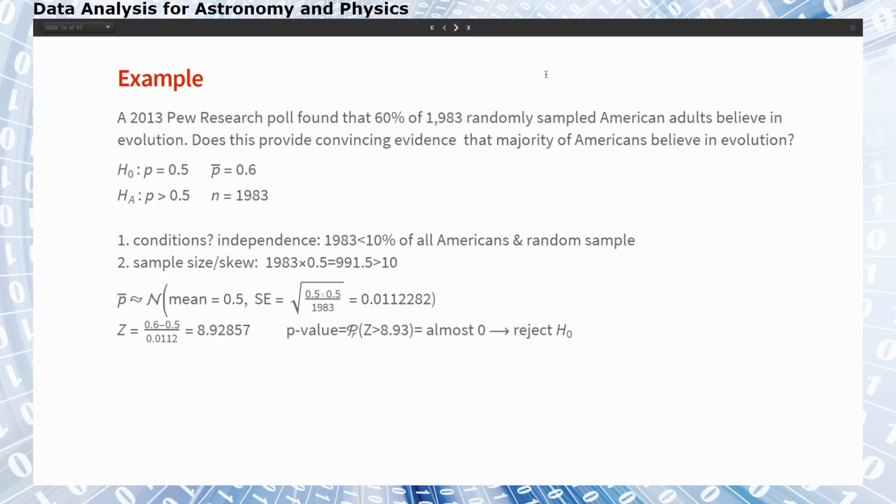Another example. In a poll, they found that 60% of 1,983 randomly sampled American adults believe in evolution. Does this provide convincing evidence that the majority of Americans believe in evolution?